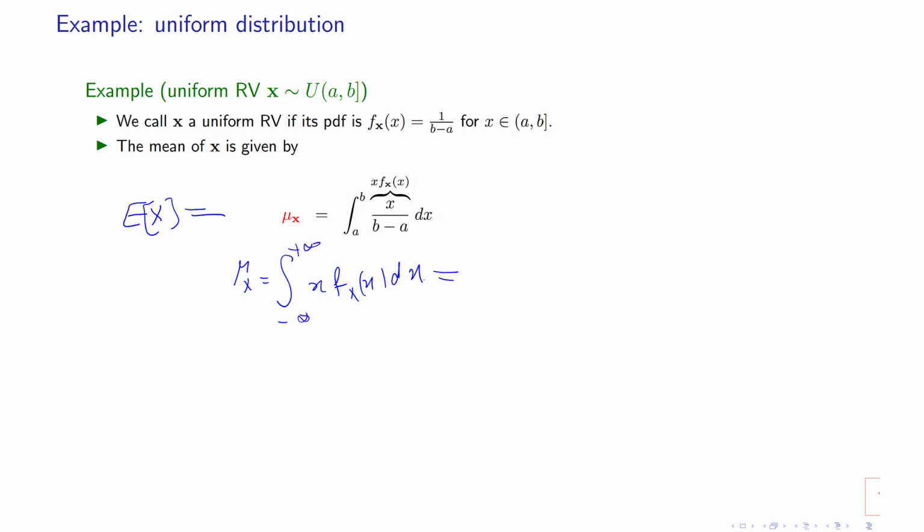Obviously, because the PDF is equal to this value if x is in this interval, otherwise it is 0, if x is not in the interval a and b, this is 0. So I don't need to write this. I only write it from a to b, and in this interval my PDF is equal to 1 divided by b minus a, and then I have x times that, and then dx. So this is the integral I get.